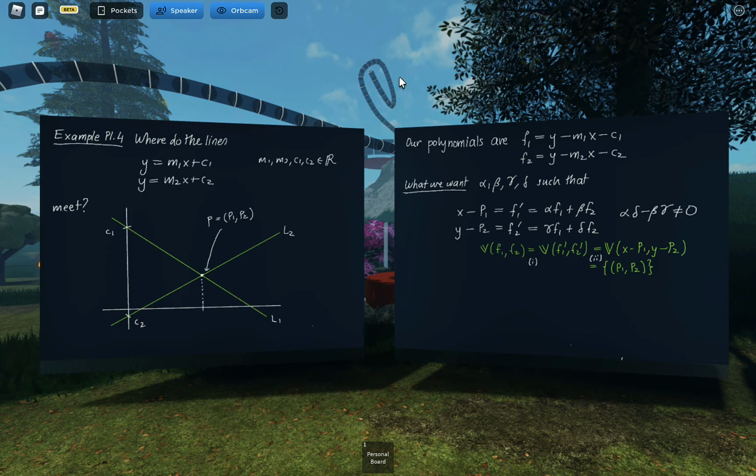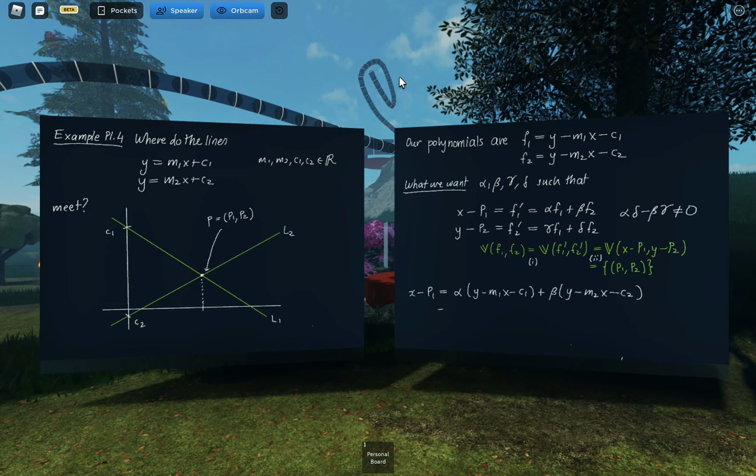Well, when we want something, the best strategy is to suppose it's true and figure out what has to be the case in order to make it true. So what I'm going to do is just assume that these equations hold, and then figure out what alpha, beta, gamma, and delta have to be. Okay, well, so we substitute, right? x minus p1 is equal to alpha times f1 plus beta times f2.